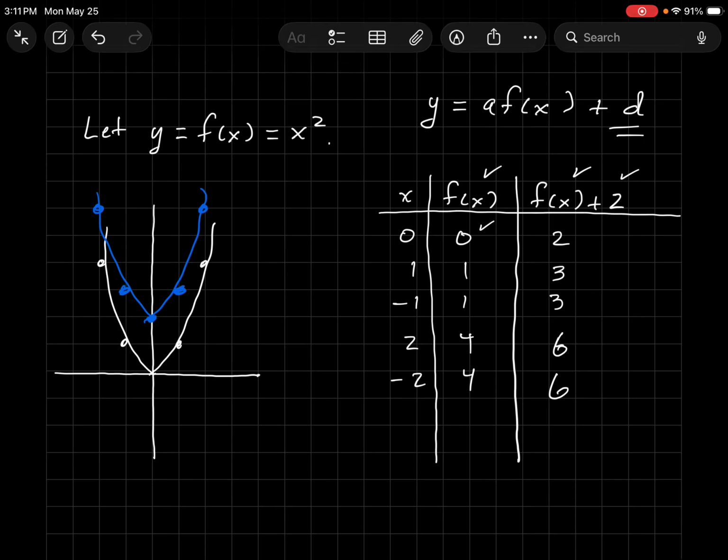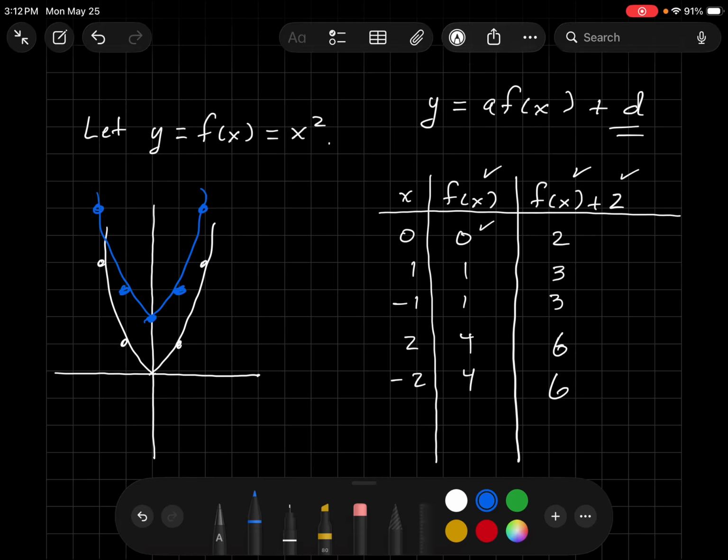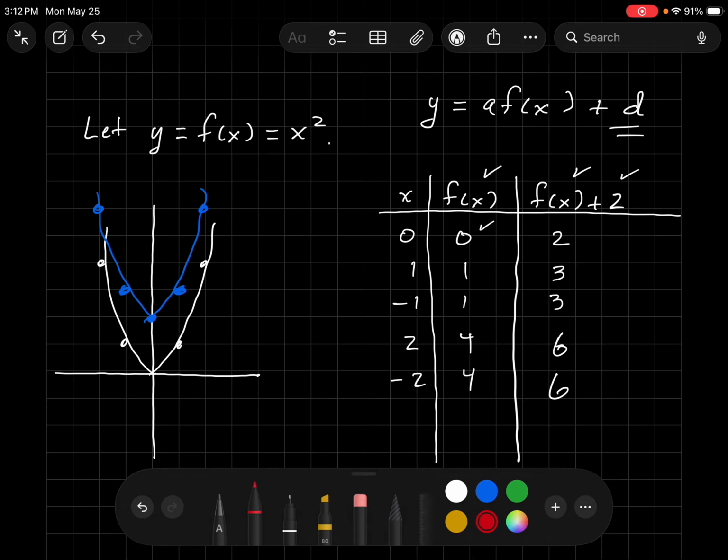So what did this do to the graph? Well, if I could have drawn it really well, you would see that it does not make it either wider or skinnier, doesn't grow any faster. It just simply got moved up 2 on the y. So without my help, what would f of x minus 1 look like?